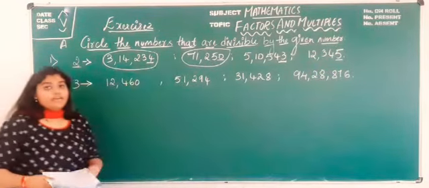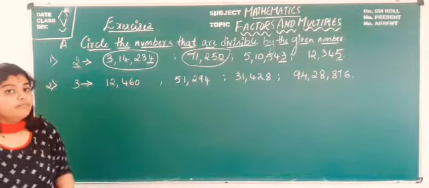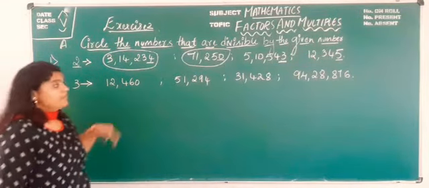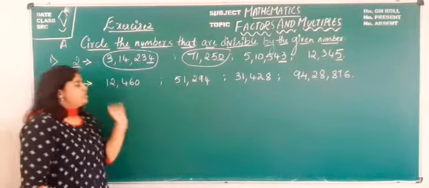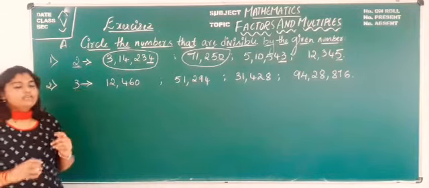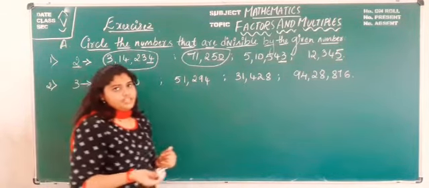Now we have to check which of the numbers is divisible by 3 and circle those. So the given number is 3. What is the divisibility rule for number 3?